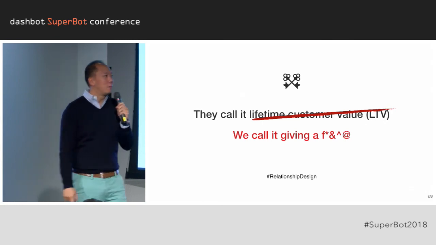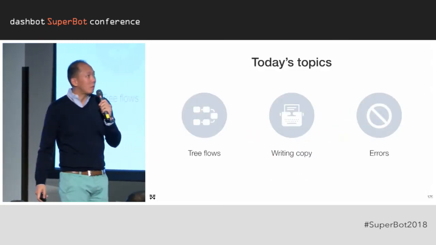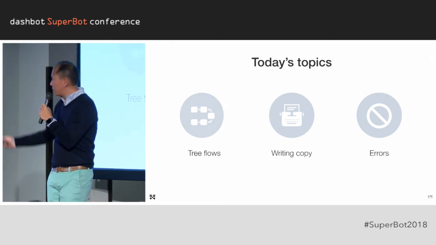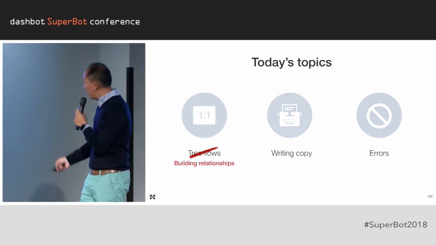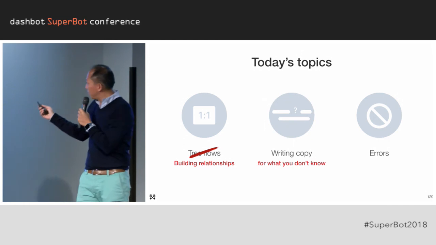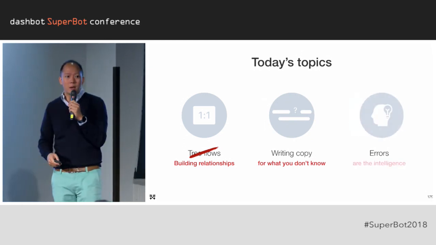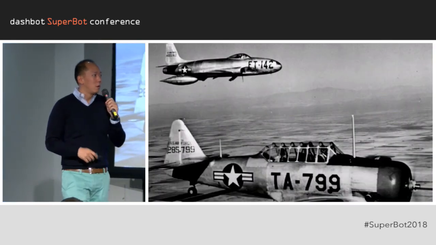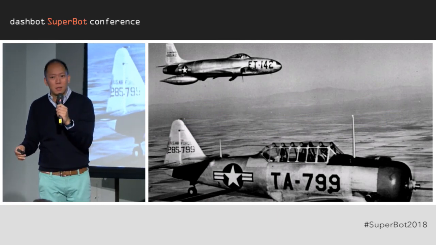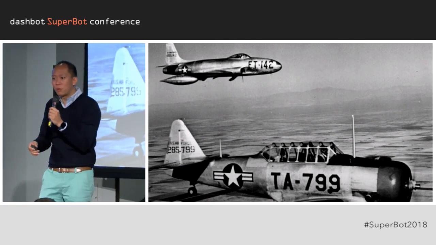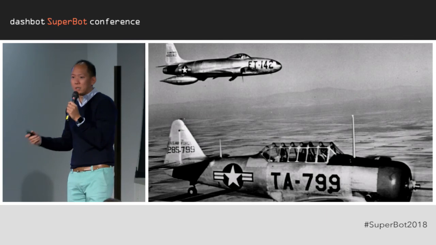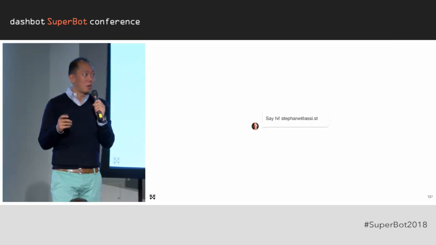So really, it's about that. So again, tree flows. It's not about building tree flows. It's about building relationships, writing copy for what you don't know, and errors as intelligence. So going back, stop designing for the average where you think your customer wants, and try to listen to them a little bit better.